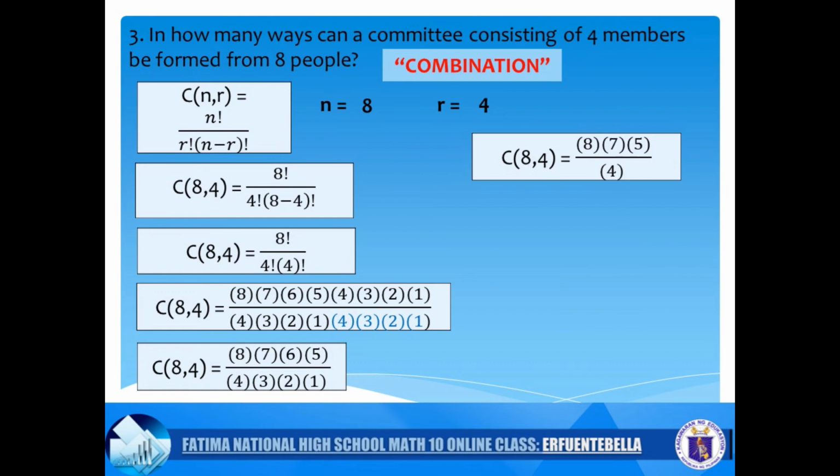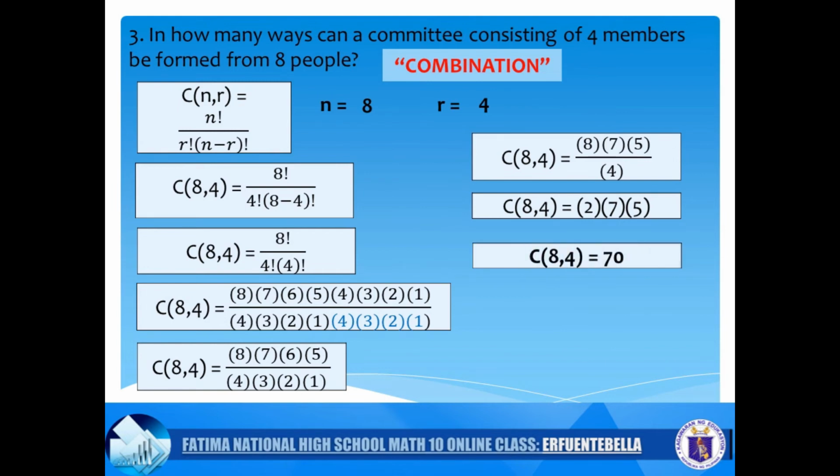So we have now 8 times 7 times 5 over 4, or equals 2 times 7 times 5 because 8 divided by 4 is 2, or it is equal now to 70. So there are 70 ways that can be formed choosing 4 members to create a committee from 8 people. So that is combination.